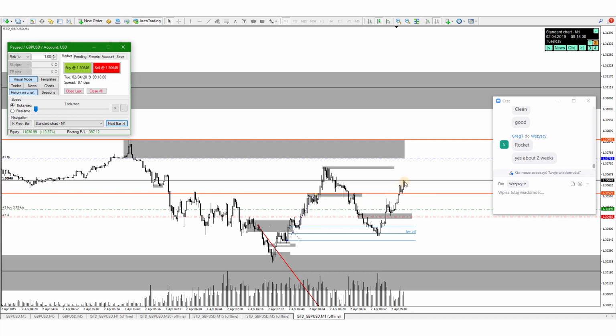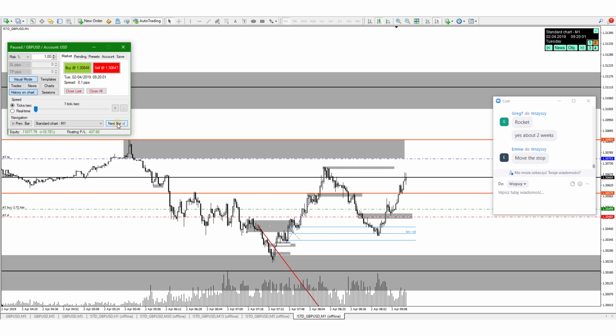Let's see if this move will create the demand. We are almost on the TP, and then I will move my stop loss. Yes, very good, Marcy. You wrote this faster than I wanted to say it. I don't like that pin bar. Okay, something is happening here. I'm moving my stop loss.